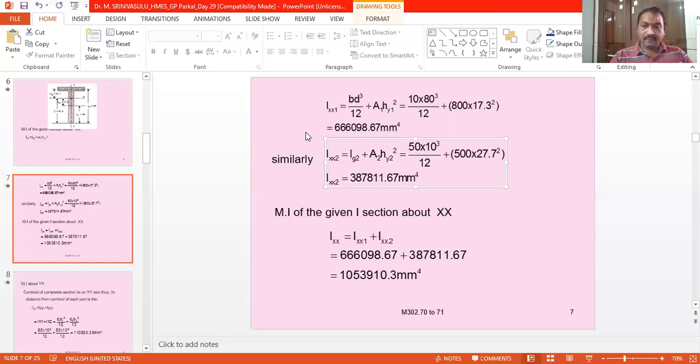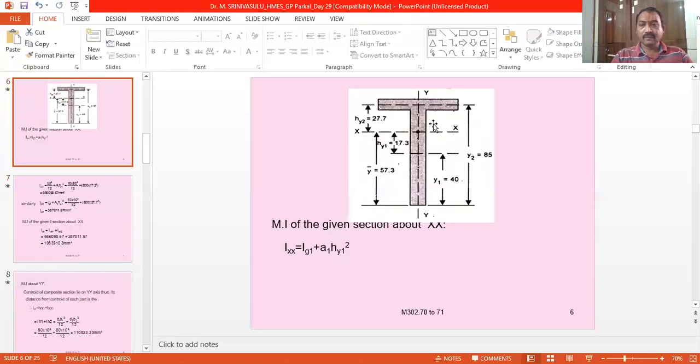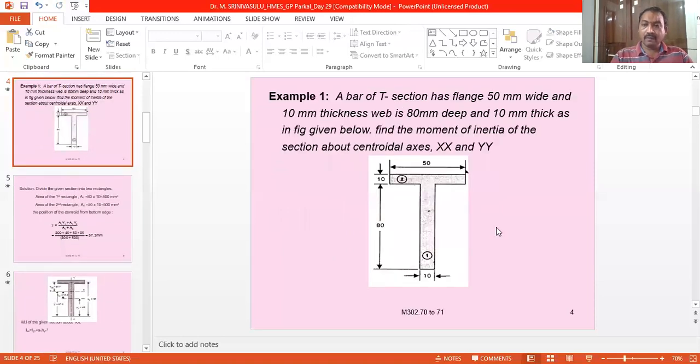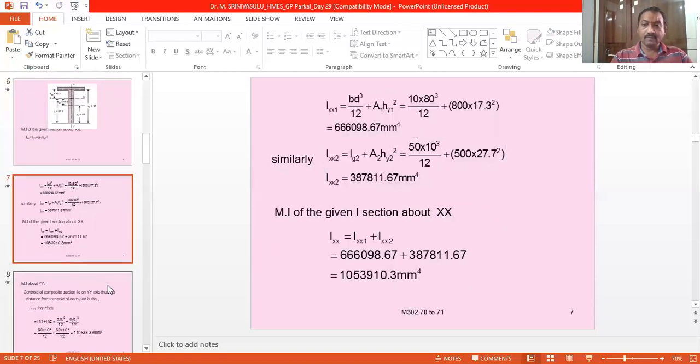So BD cube by 12 plus A2 into hy2 whole square gives the value 387811.67 mm4, that is the Ixx2 value.